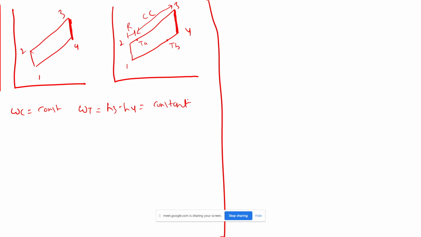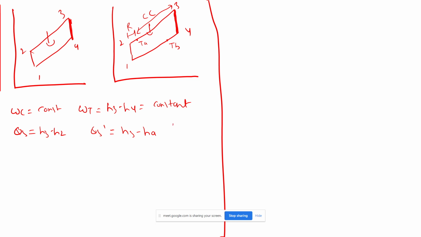The third is heat addition. What will be the effect on the heat addition? QS, Q supplied, means heat addition. It will be less for the regenerator. For this cycle it will be H3 minus H2, and for this regenerative heating cycle, QS dash, it will be H3 minus HA.